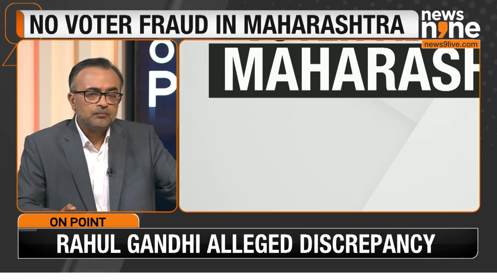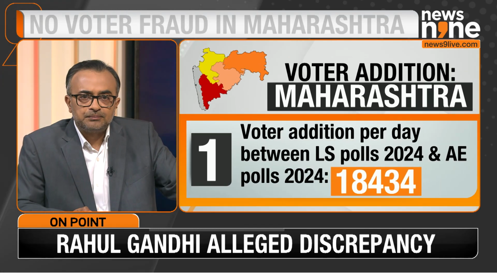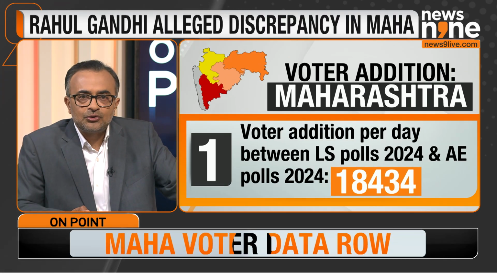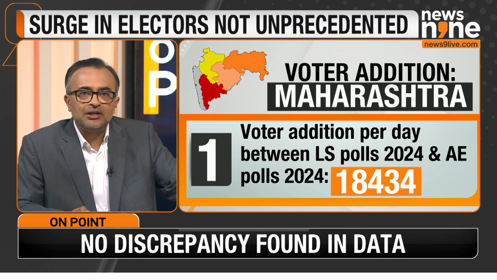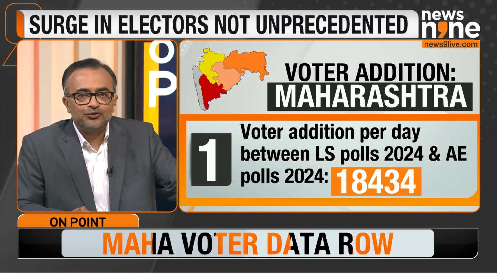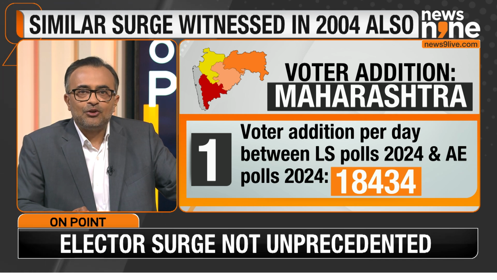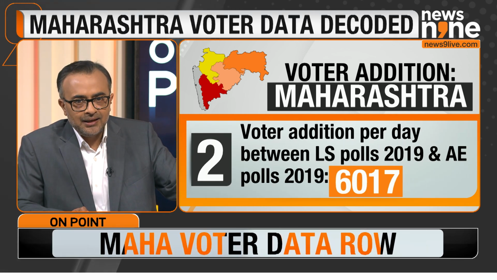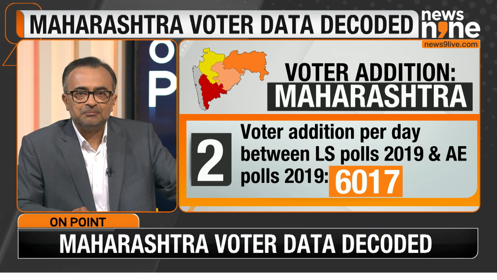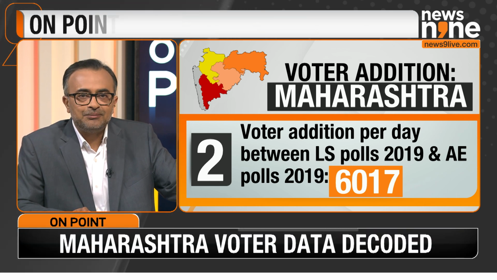Now, let's take a look at another set of data. Voter addition per day between Lok Sabha polls 2024 and Assembly polls 2024 was 18,434. The voter addition per day between Lok Sabha polls 2019 and Assembly polls 2019 was 6,017.